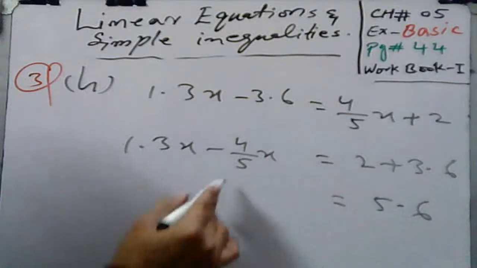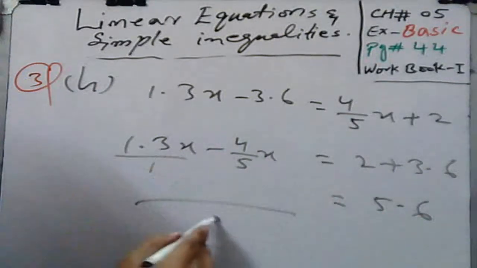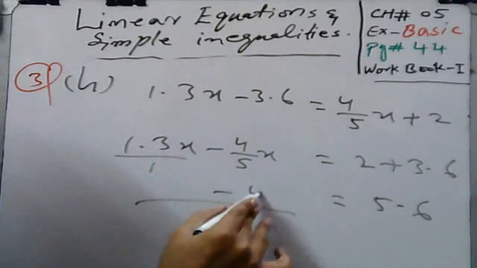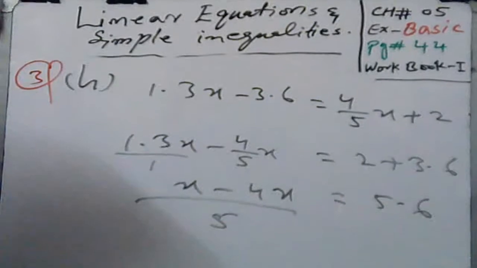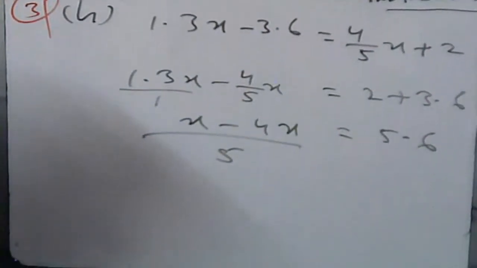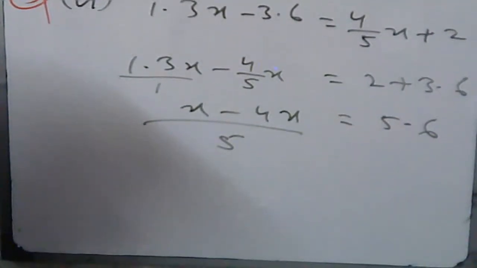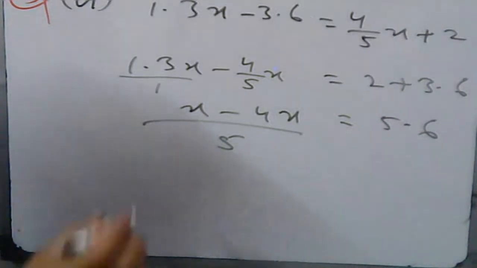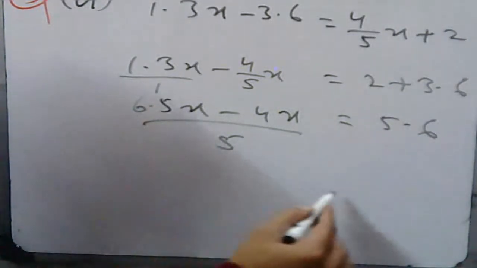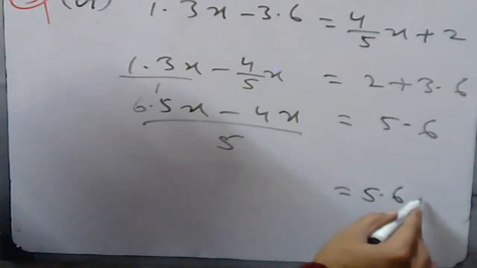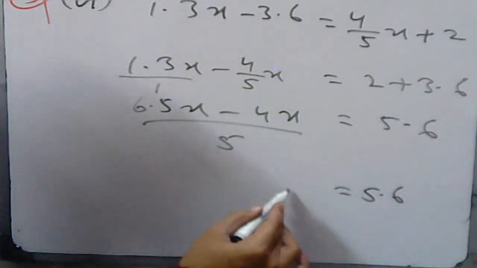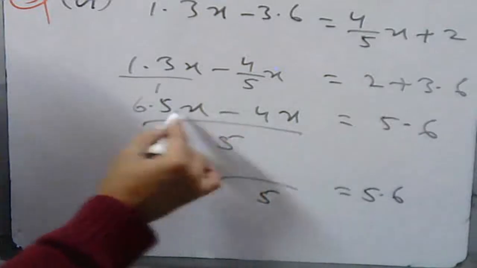Once again you have to take the LCM, that is 5, and multiply 1.3 by 5, so you will get 6.5x.